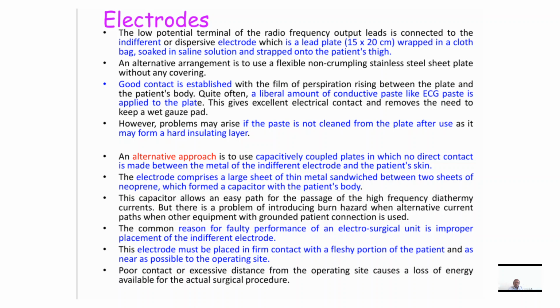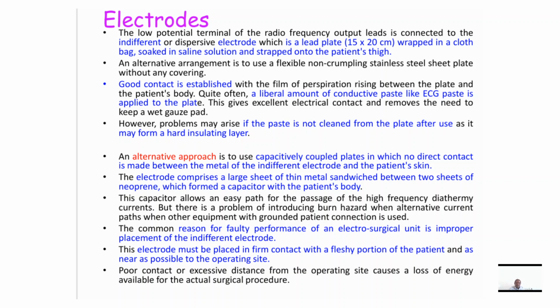A problem arises if the paste is not cleaned from the plate after use, as it may form a hard insulating layer. So we have to clean the plate surface. The electrode comprises a large sheet of thin metal sandwiched between two sheets of neoprene, which forms a capacitor with the patient's body.